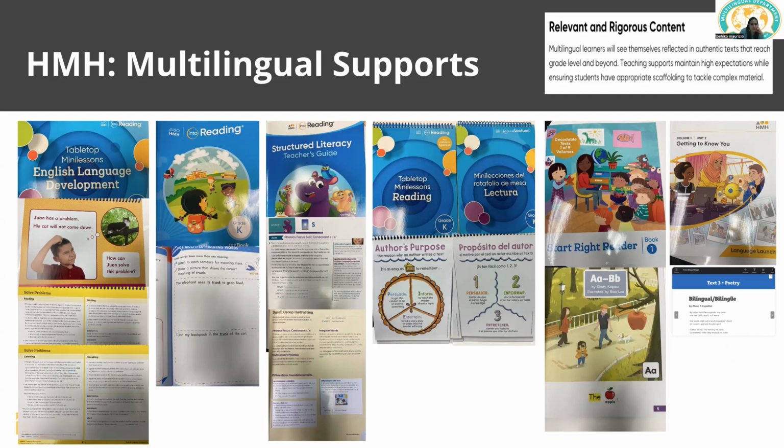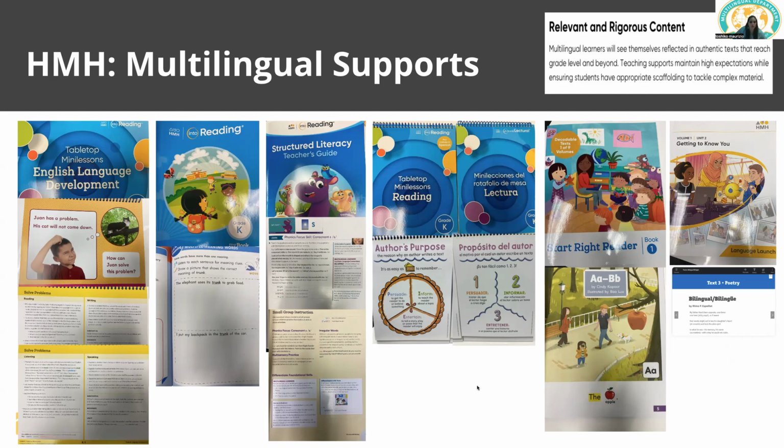The one thing I'm really looking forward to is the structured literacy component of HMH, which through the adoption process, my understanding is that it was definitely stronger in this area. For the structured literacy teacher's guide, there are scaffolds for multilingual learners.